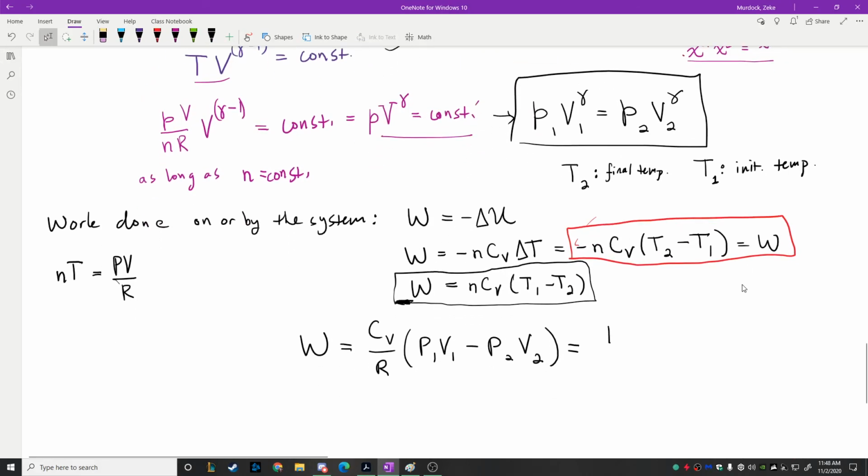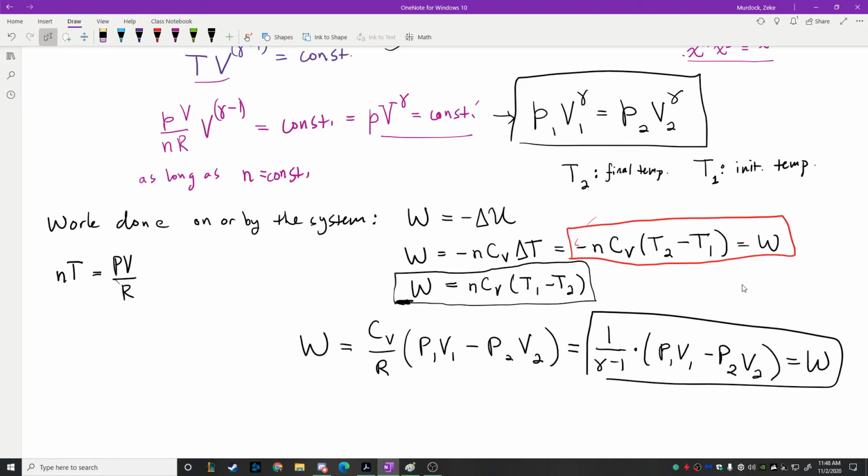So this is going to be 1 divided by gamma minus 1 multiplied by P1V1 minus P2V2. And that should be equal to the work that's done by or on the gas during this adiabatic process, one in which there is no heat exchange with the surroundings.